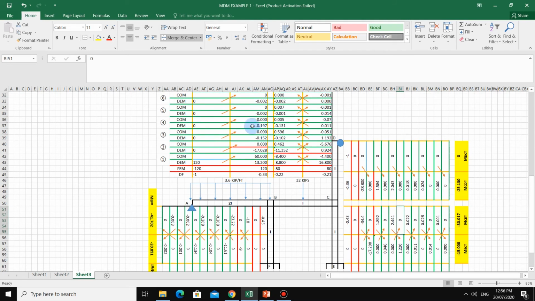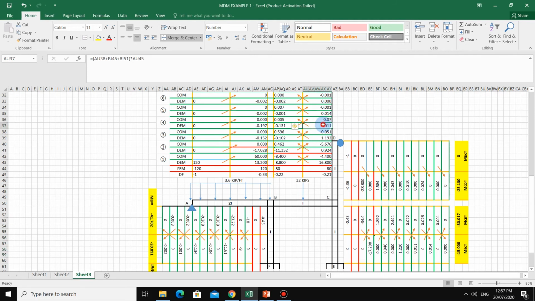Okay, so the DM for the fourth cycle: we get this from the CUM of the third cycle of all joints connected, then times the distribution factor, the same as before.